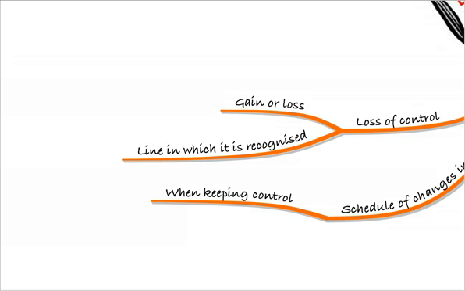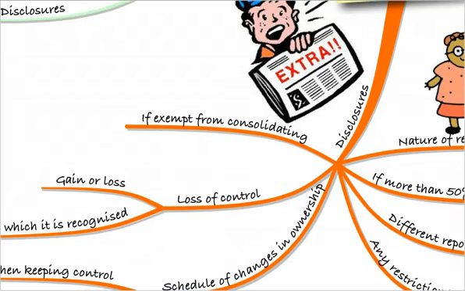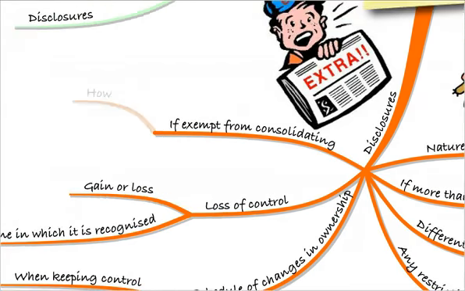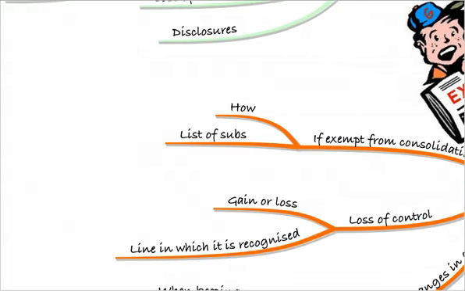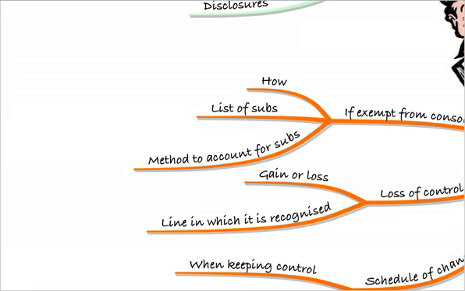So you're saying our gain or our loss was X amount, and it's contained in administrative expenses or wherever it's contained in the statement of comprehensive income. Also need to disclose if you're exempt from consolidating. You'll need to disclose how that exemption arises, a list of subsidiaries, and the method that's been used to account for those subsidiaries.